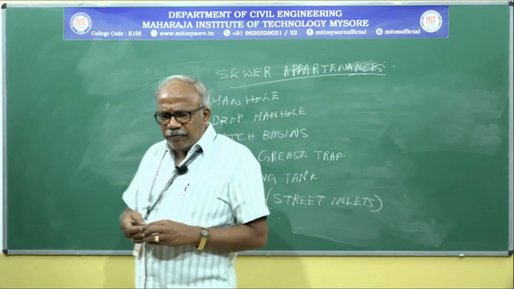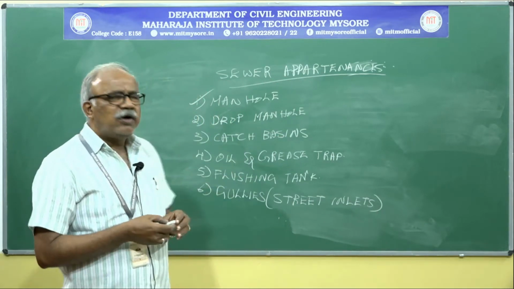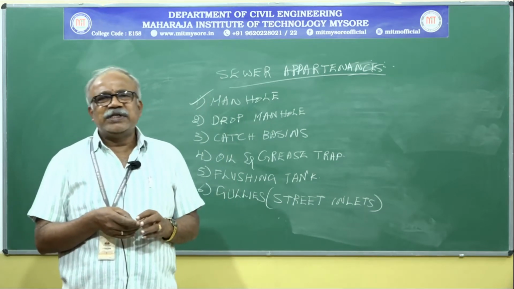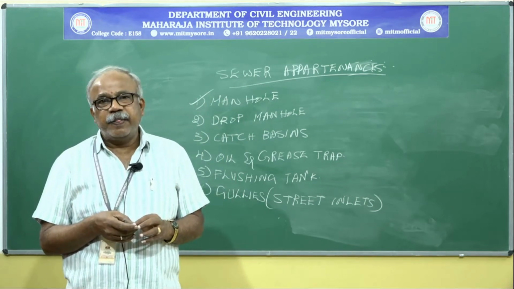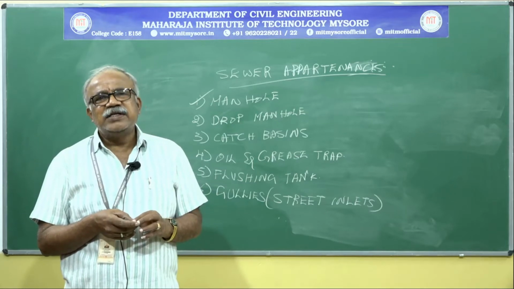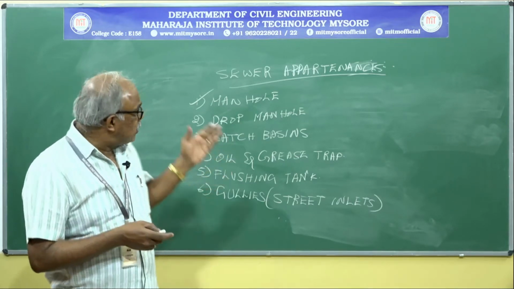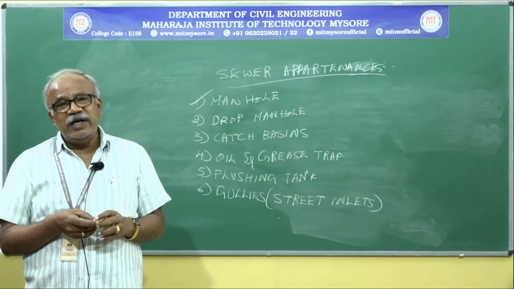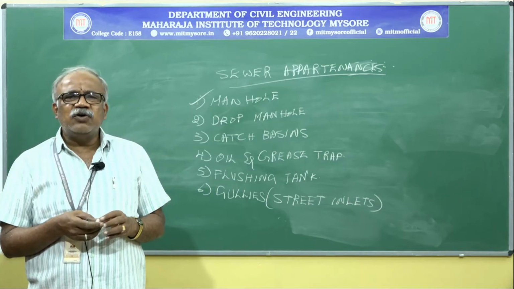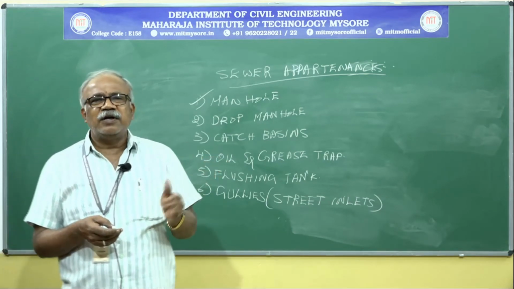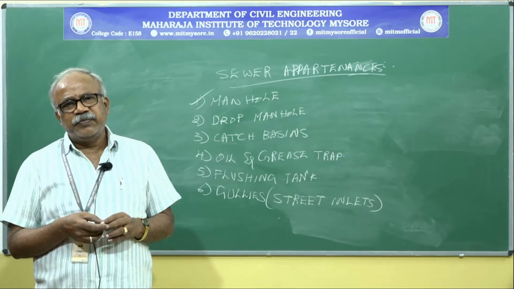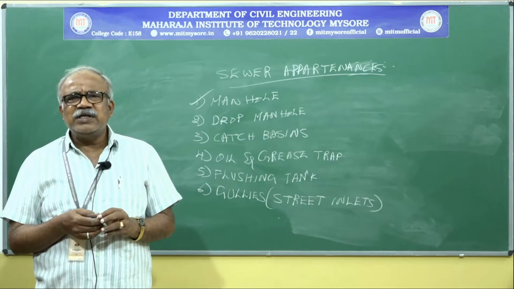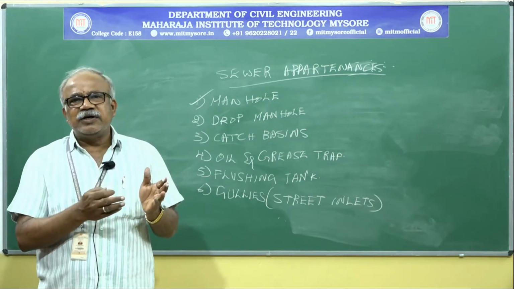Manholes are constructed over a straight sewerage system at suitable intervals, and also where a diversion comes. At every junction we have to construct one, because the direction changes.